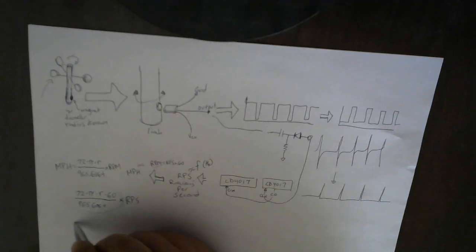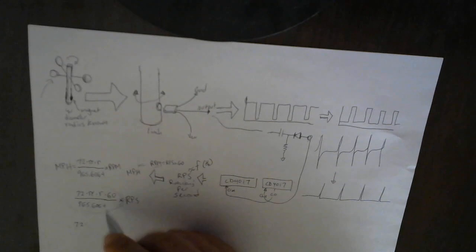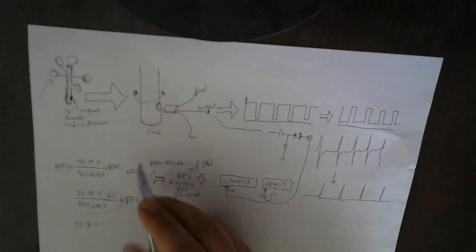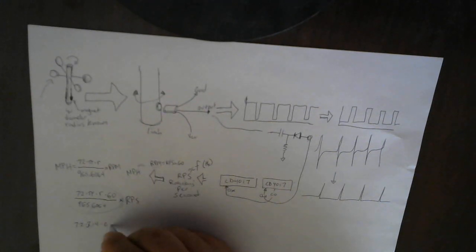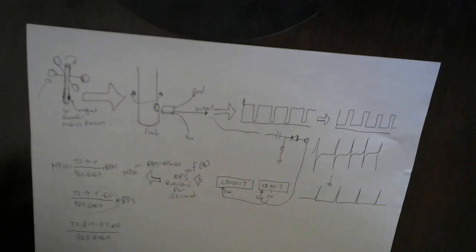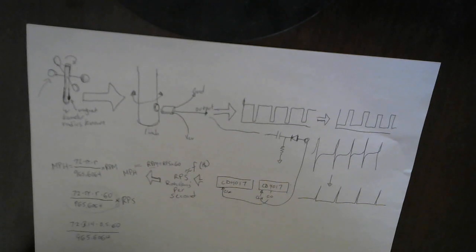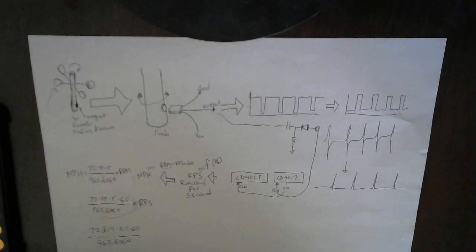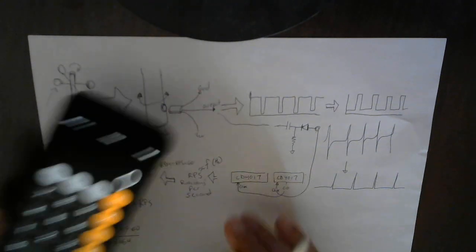So if that's the case, then this formula becomes 72 times 3.14 times the radius, which is half of 1 inch, which is 0.5, times 60, all divided by 965.6064. And let's do the math on this. And the math on this is, let's see, let's get that going here.